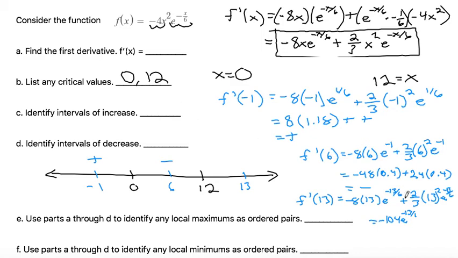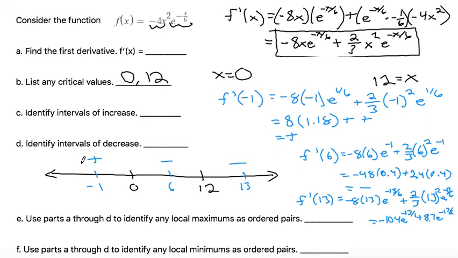Yeah, it's a positive. And then plus 2/3 times 13 is 8.66, so this would be plus 8.6 or 8.7 e to the negative 13 over 6. So this negative term is going to be bigger, so this would remain negative here.